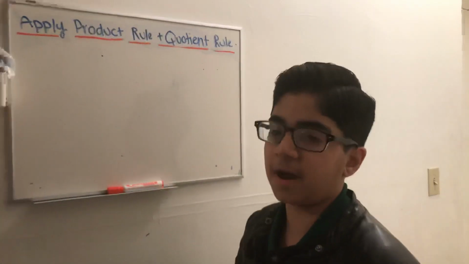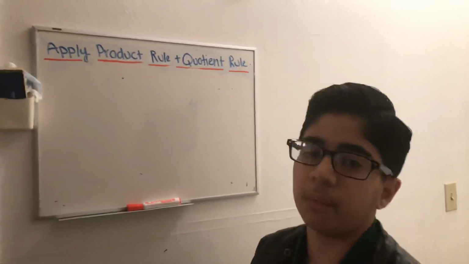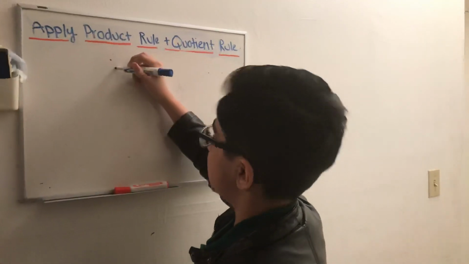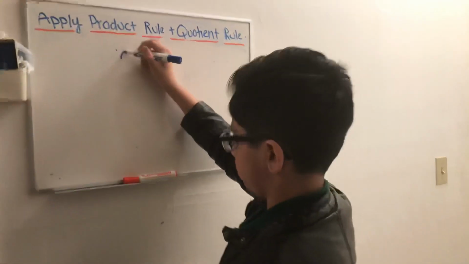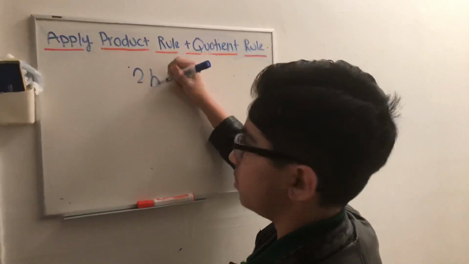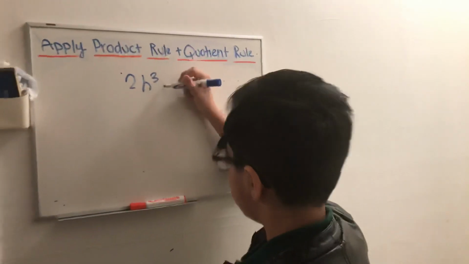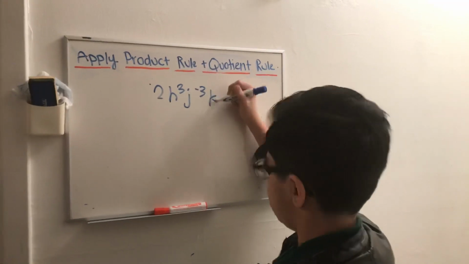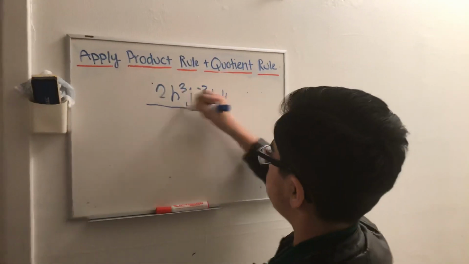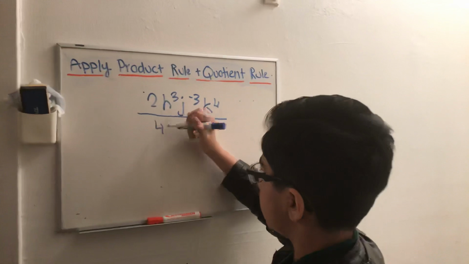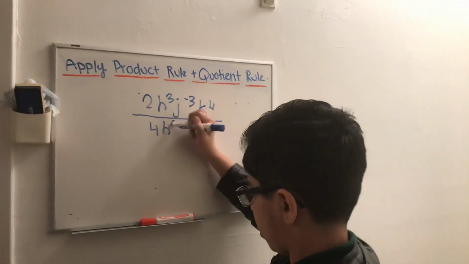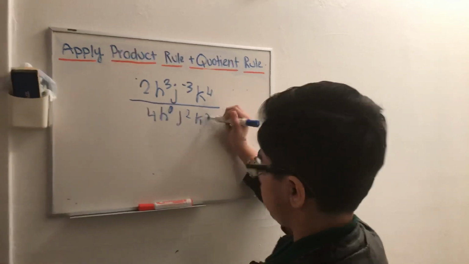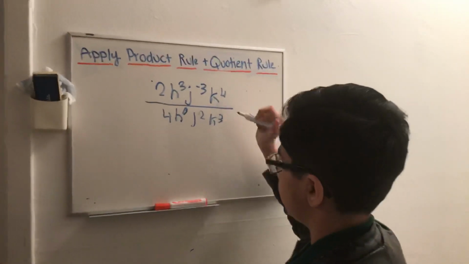Let's deal with variables. Well, we're heading into algebra 1 now. So let's take the equation 2 h to the power of 3, j to the power of negative 3, k to the power of 4, to the power of h to the power of 0, j squared, k to the power of 3.